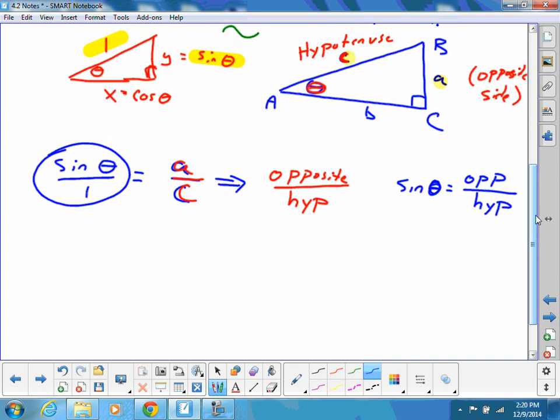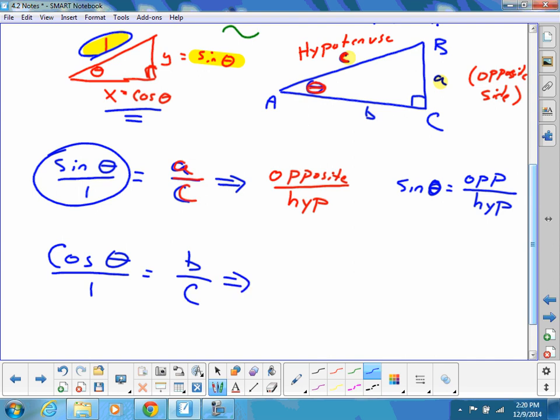Let's take a look. Now I'm going to look at cosine theta over 1. What corresponds to cosine in the bigger triangle? That would be B. What corresponds to 1 over C? Since I'm looking from my angle theta, B is going to be called the adjacent side.